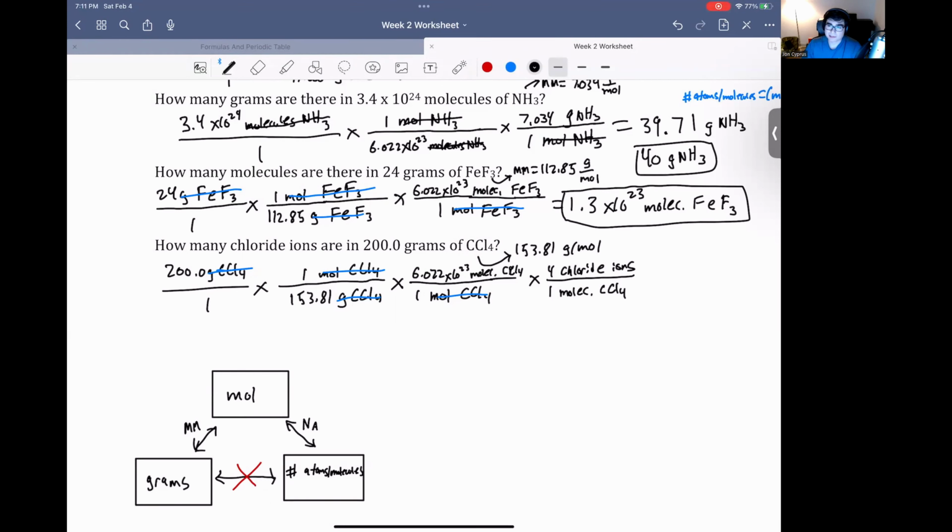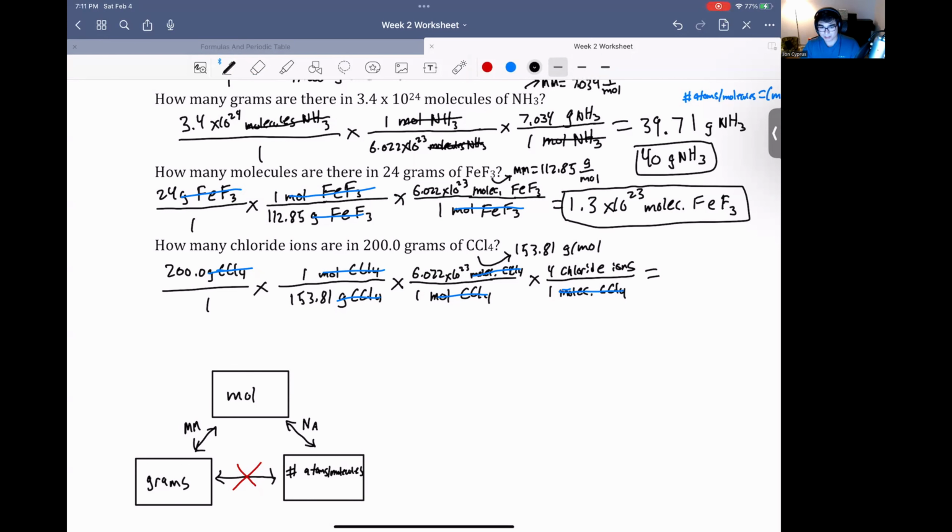And this is why I think for some people it makes more sense conceptually, and you could do it from moles, it's going to be the same thing. But for every one molecule here, you get 4 chloride ions. All right, now you go ahead and cancel those out. So now you would just go ahead and plug this into your calculator.